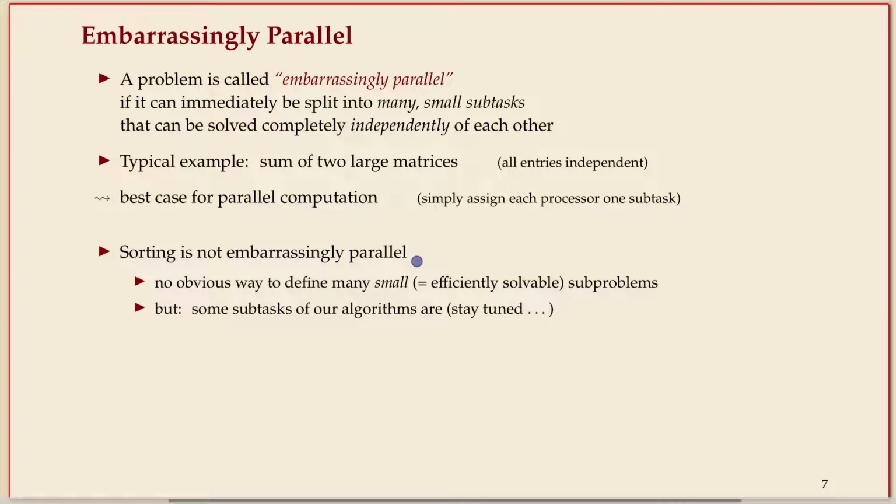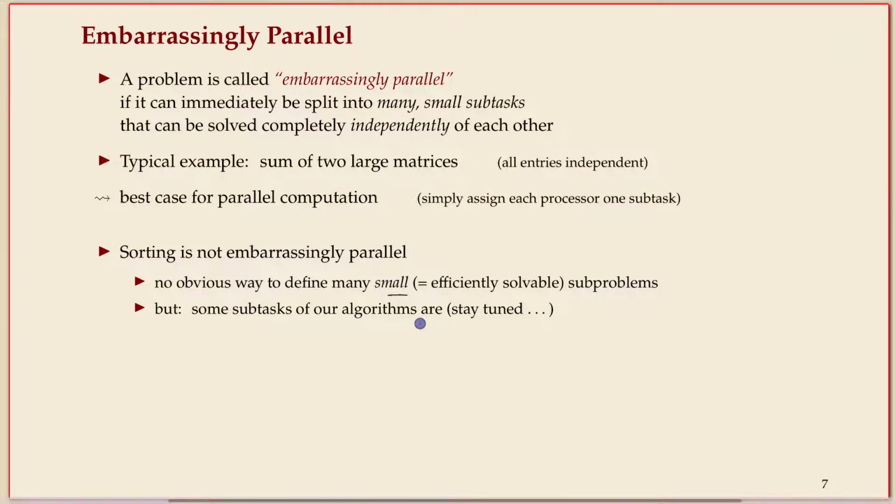But if you think about this task of rearranging elements in a list into sorted order, it's not so clear what an individual subtask would even be. We had divide and conquer algorithms, so they started with breaking things in half, and then that was subtasks. But it's really not so clear how you can define small subproblems that are also independent of each other.